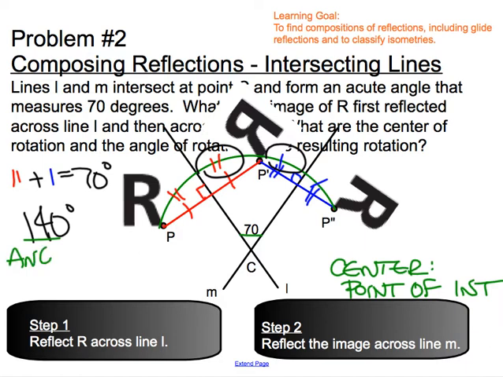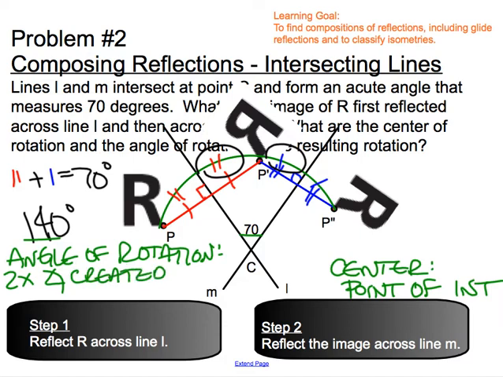So the angle of rotation, whenever we do this, is going to be 2 times the angle created by the intersecting lines. So the center of rotation is going to be the point of intersection, and the angle of rotation is going to be twice the angle between the two lines.